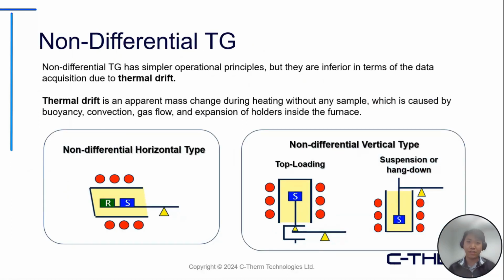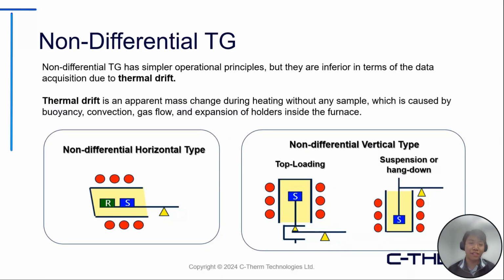The first configuration, the non-differential type, is a configuration where only the sample is held in an instrument while the mass is being tracked and the temperature is being controlled. These are very simple in principle and very easy to set up, but it has one big weakness, and that is it is susceptible to something called thermal drift.